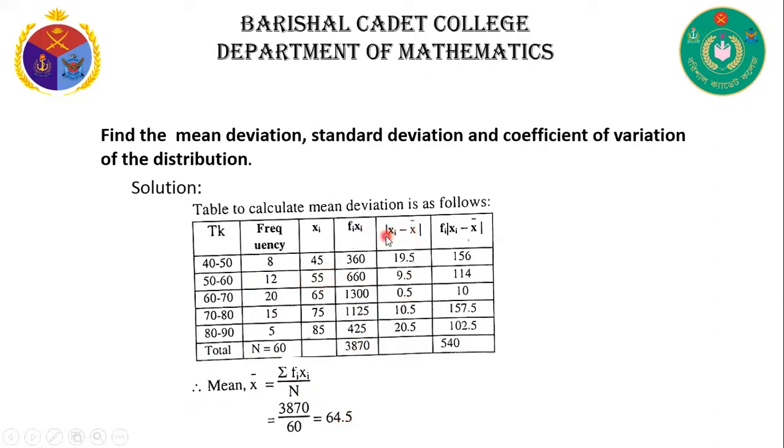X bar minus xi, that means 64.5 minus 45, that means 19.5. 64.5 minus 55, that means 9.5. 64.5 minus 75, that means 10.5. In the same way, we can write these terms. Now multiplying fi into modulus of xi minus x bar, then we can also write these terms. And sum of these terms is equal to, we can write 540.